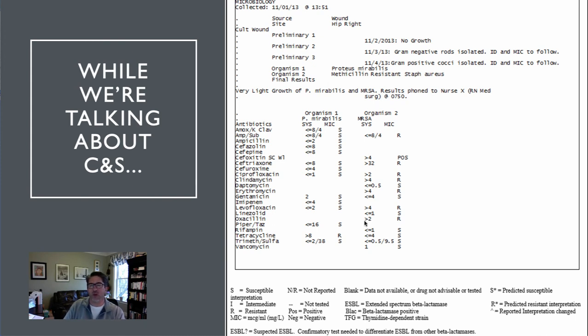So we're going to ignore the number in most cases, and we're just going to look at whether the organism is resistant to that, as it is to ceftriaxone, or whether it's sensitive. And when we see that it's sensitive to gentamicin, that might be something that we would want to use. The problem is that we don't have gentamicin in PO form, right? So maybe there's another medication that is PO form. And in fact, there is one here. This organism is sensitive to TMP-SMZ.